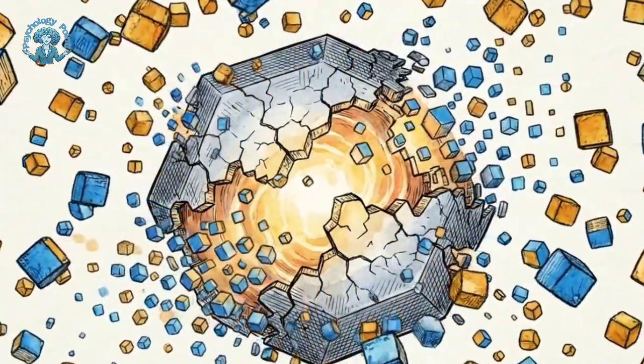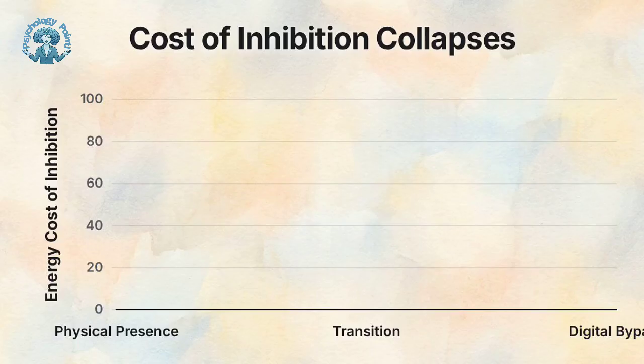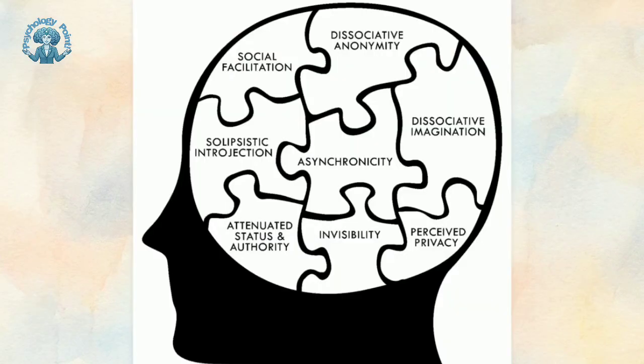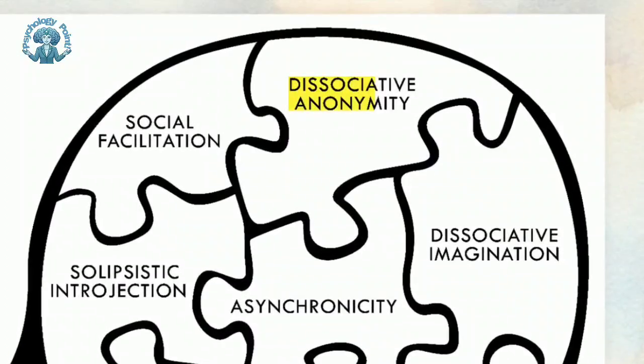Psychologists classify this phenomenon as the online disinhibition effect. By circumventing physical presence, the energetic and cognitive costs of maintaining behavioral inhibition drop to near zero. This technical schematic breaks down the specific structural variables of cyberspace triggering this effect. The most critical piece is dissociative anonymity.